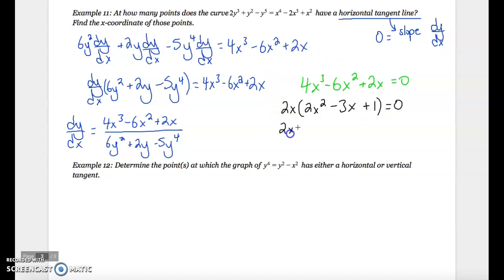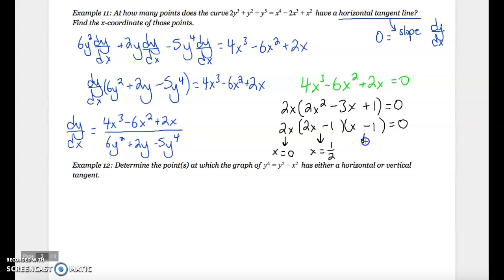Okay, and then if you factor that using the reverse box method, you'd end up with (2x minus 1)(x minus 1). So then we would set each of those separately equal to 0 to find our solutions. So 2x equals 0 would produce x equals 0. 2x minus 1 equals 0 would give me x equals 1/2.